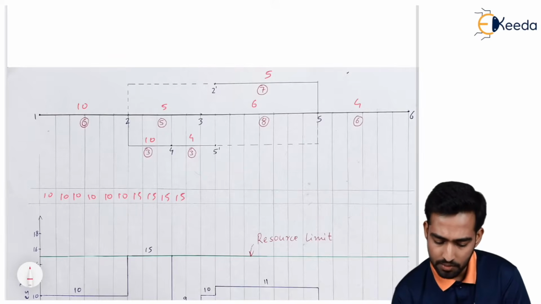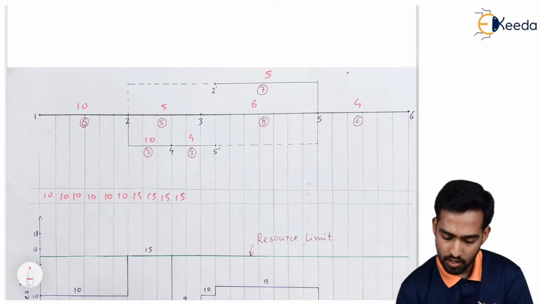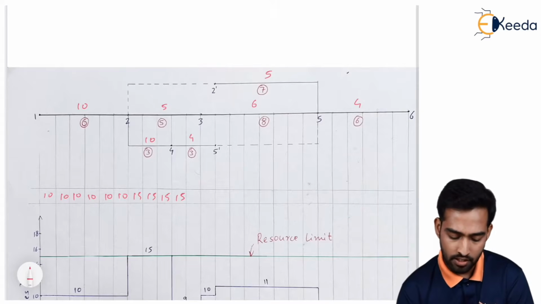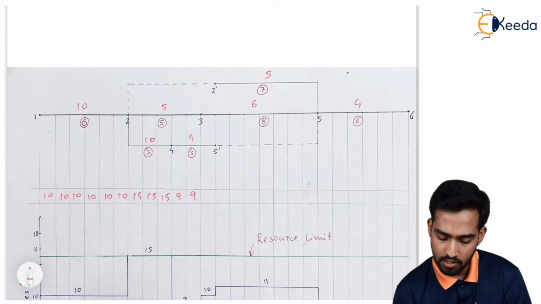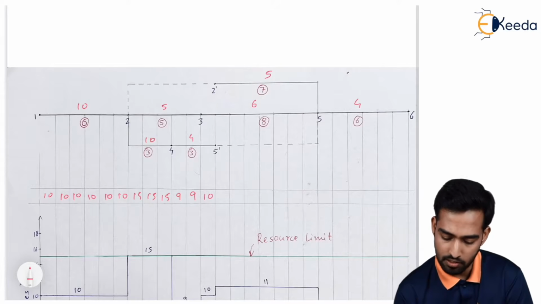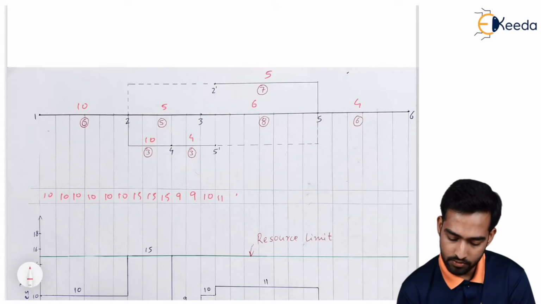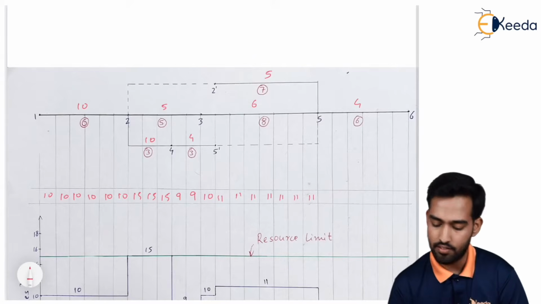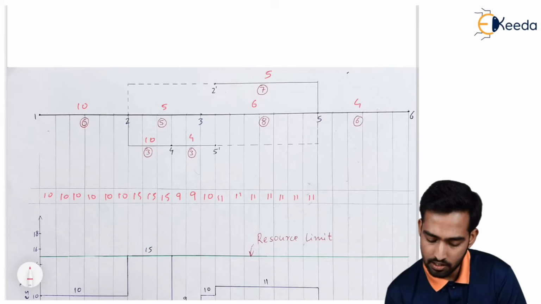Now as you can see, in this portion we actually do not require 15, we require only 9, because 5 plus 4 is 9. For this it will be required 6 plus 4, that is 10. Then 6 plus 5, that is 11, 11, 11, 11, 11 and 11. And for the last 6 days we require only 4 machines.